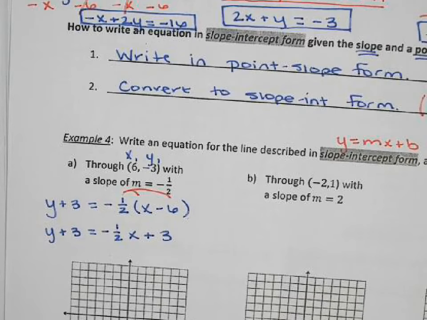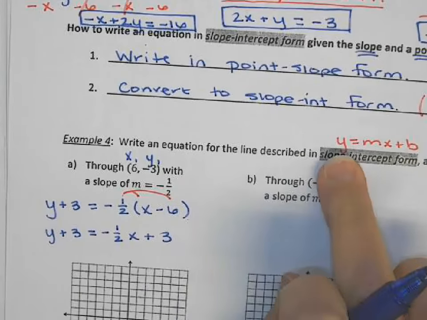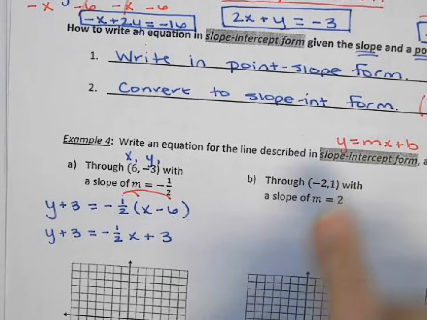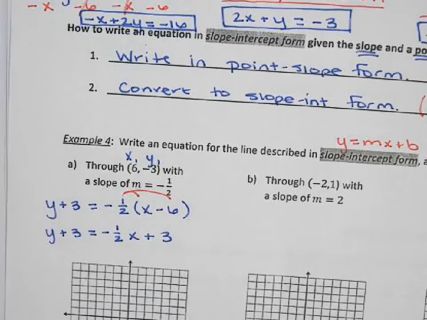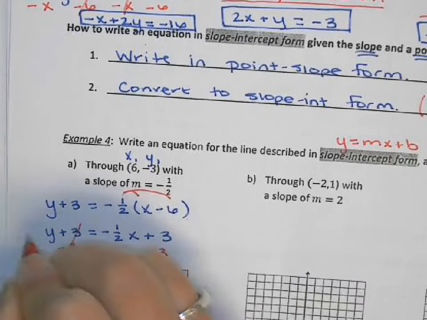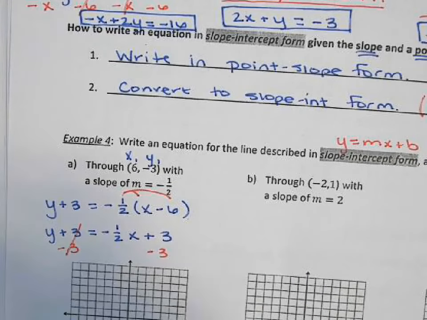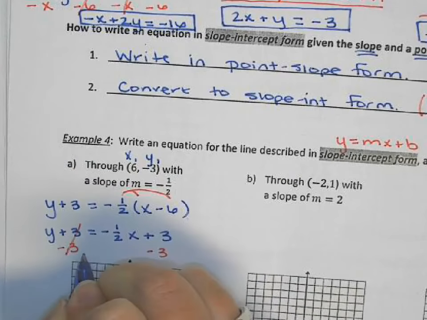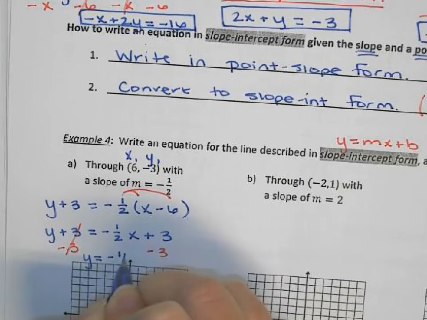Okay. Well, I still have to get y alone because this one looks like y equals. See how y is alone? So what do I do over here? I don't have to get rid of fractions this time. That's not one of my rules. I'm going to have to subtract 3 because I don't want anything else with y on that side. This rule doesn't say anything about fractions, so I don't have to do anything.